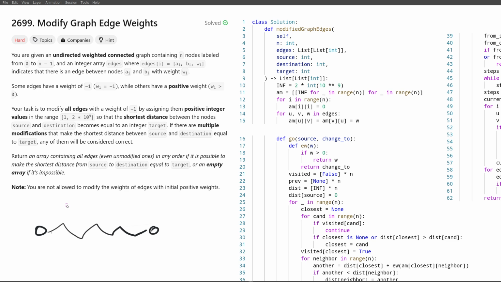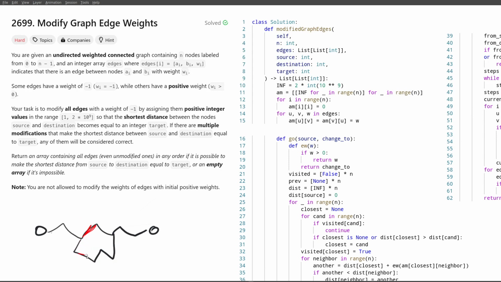But if it has some edge that we have control over, so for instance, it has this edge here that we have control over, then we should probably make that edge more expensive. And of course, if we make it more expensive, probably the amount is such that this path now has exactly cost target. Maybe we're happy and this is still the shortest path, and that's it. But it's also possible that now the shortest path is not this, but the shortest path is something like this.